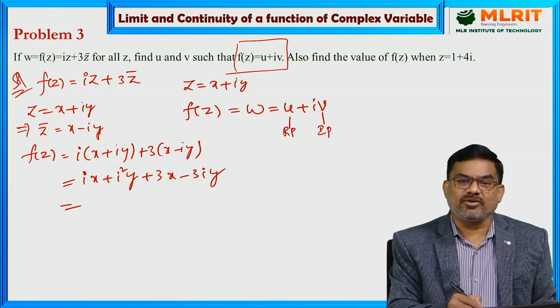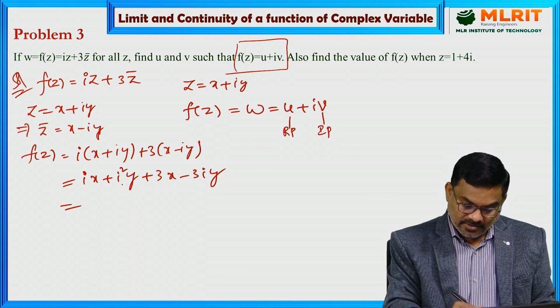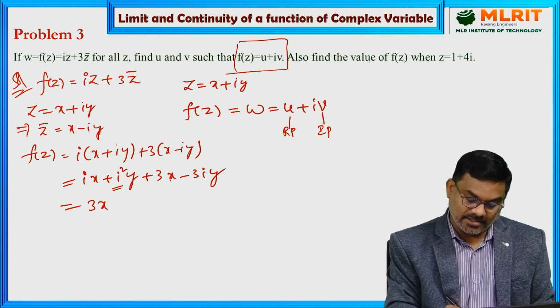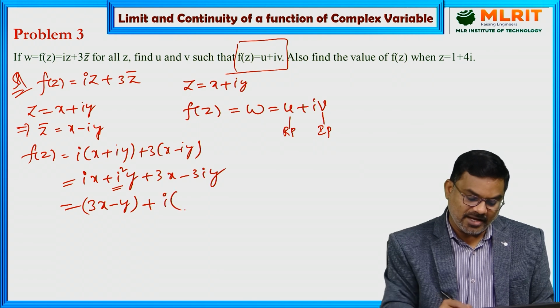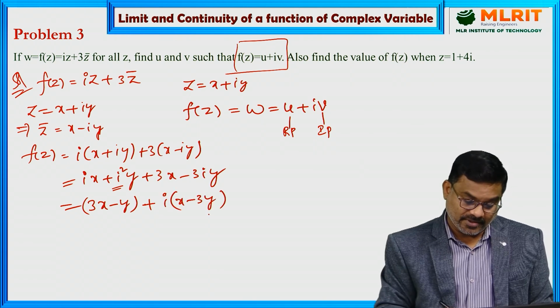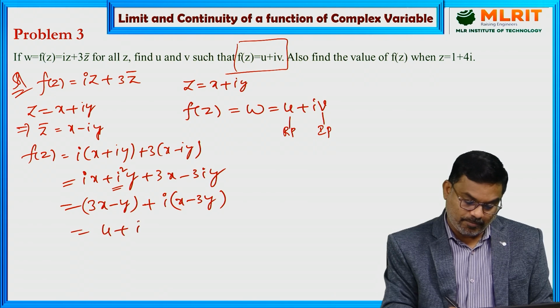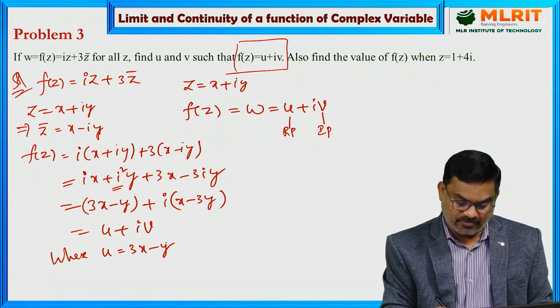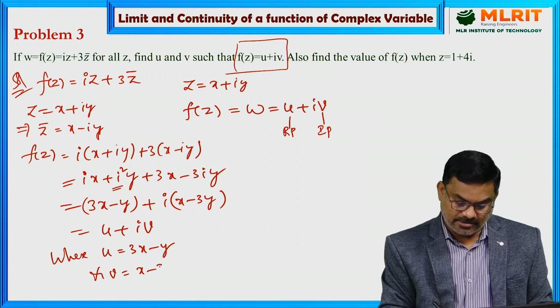And again i square equal to minus 1. So the real part is 3x minus y and the imaginary part, I take i common, x minus 3y. So which is in the form of u plus iv, where u is 3x minus y and v is x minus 3y.